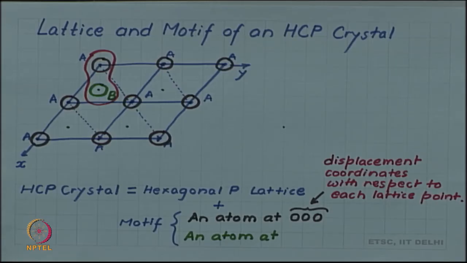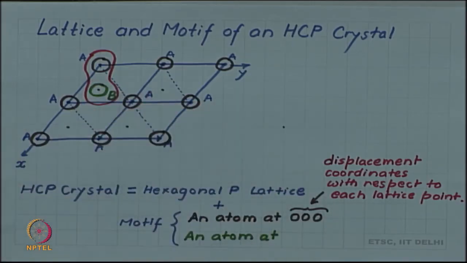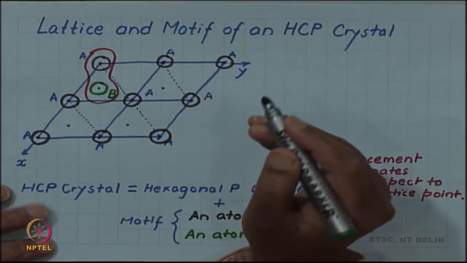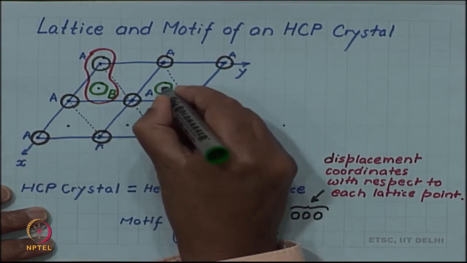So, to work out the fractional coordinate of the B atom, let me redraw the unit cell, but before that, since I have given a B atom to this A lattice point, and since all lattice points are identical, I should give identical B atoms to all the lattice points.